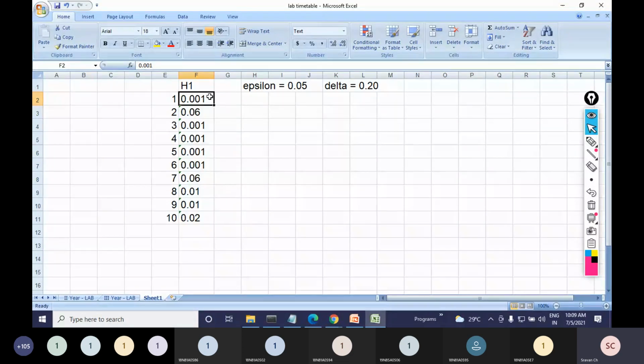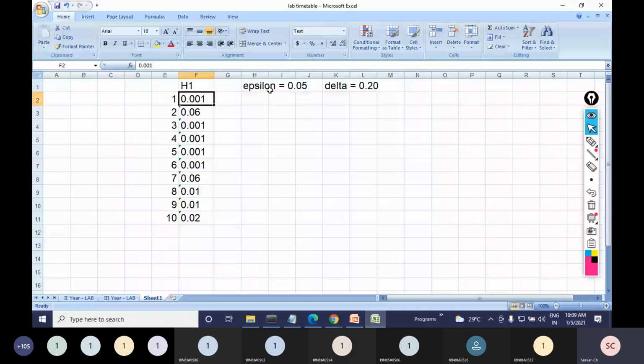Now, what do you mean by PAC learning is, please observe here. In the first record, what is the value? 0.001. Is it less than epsilon? 0.05 is the epsilon value given to you. So for the given epsilon value, for the first record, the error is less than epsilon.